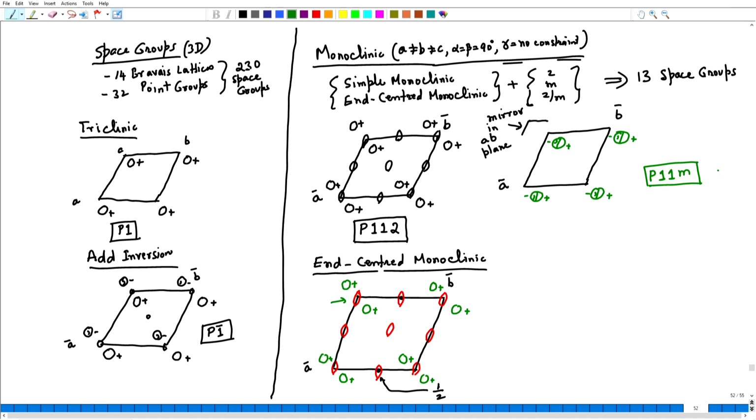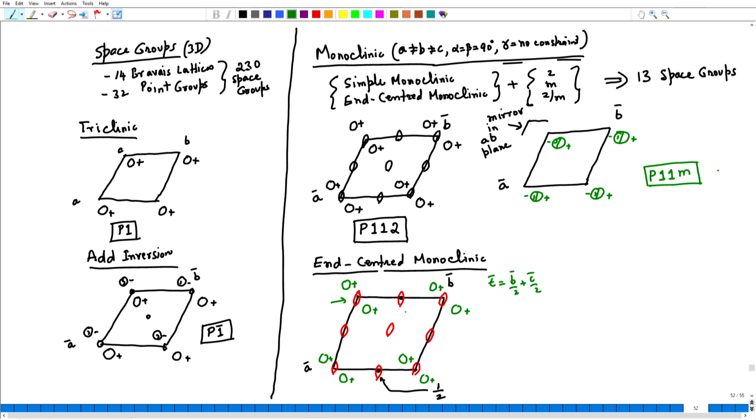Remember, the C axis is coming out, and how far up will it go? It will go up by C by 2, and therefore, if I look at the centering translation vector, it is B by 2 plus C by 2.